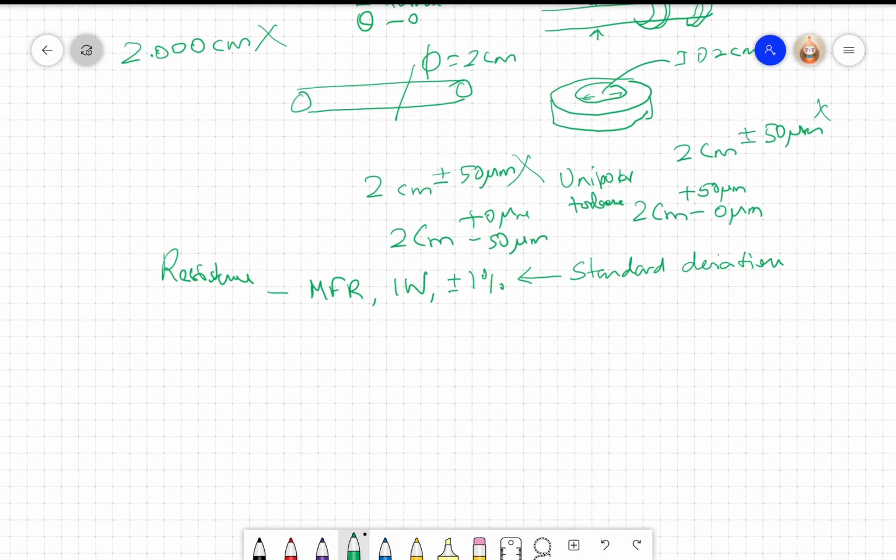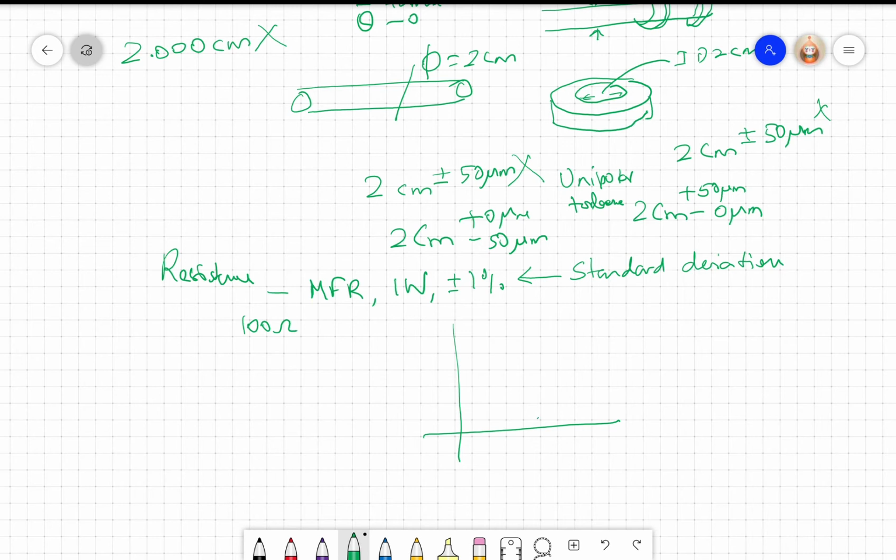Right? So if I now make measurements and plot the measurements as values, and I have a 100 ohm resistor manufactured. Some may exactly have 100.000 ohms, some value will be 101 ohms, some will be 100.5 ohms.